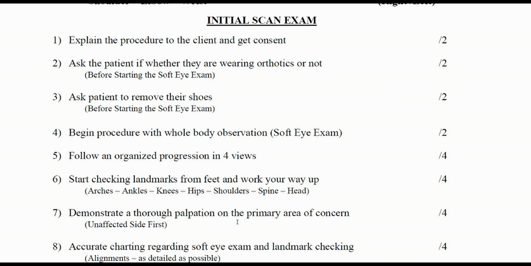After that, we're also checking the knees, and when I say knees, I'm mostly meaning the patella, because you should be able to see from the soft eye exam whether it is genu valgum, genu varus, or hyperextension on one side versus the other, like hypermobility, or a locked knee on the right or left. Those should be identified at the soft eye exam.